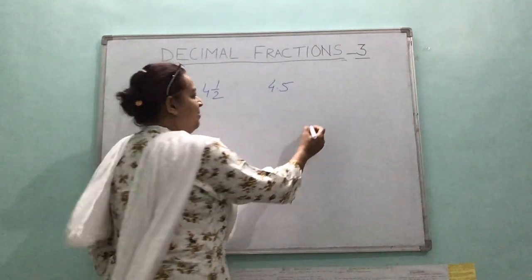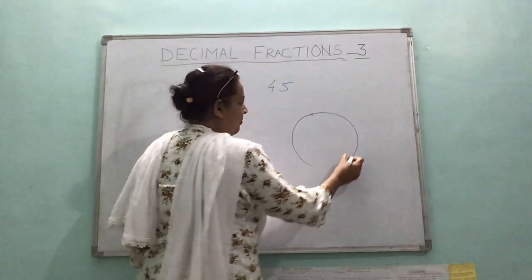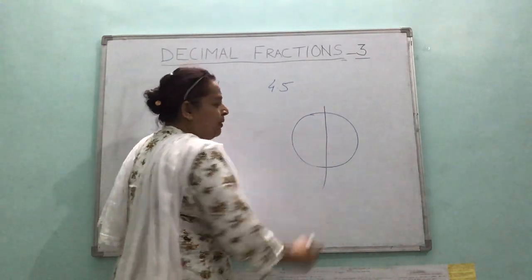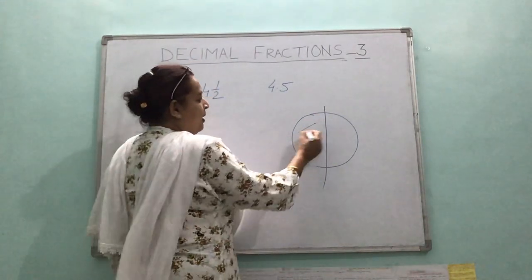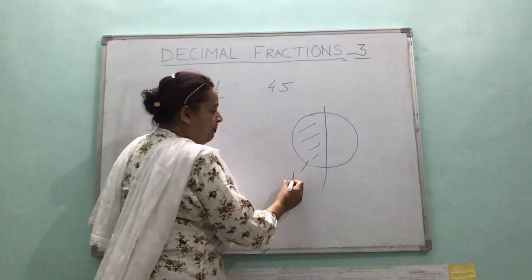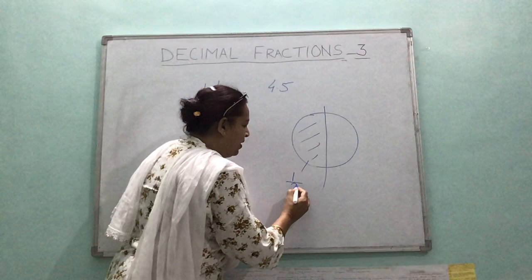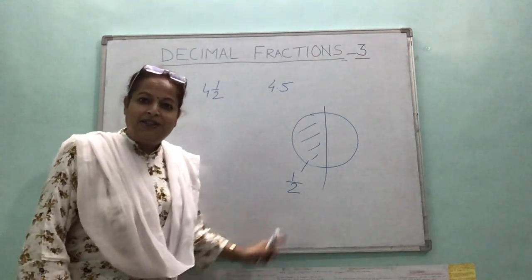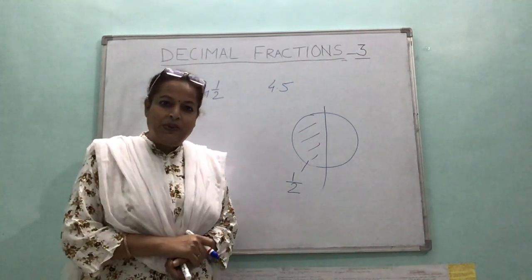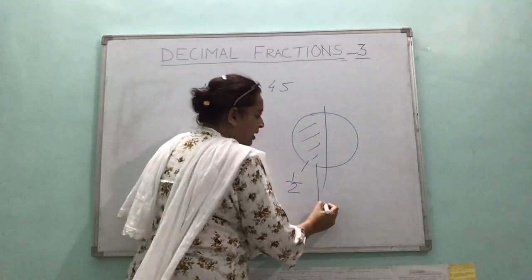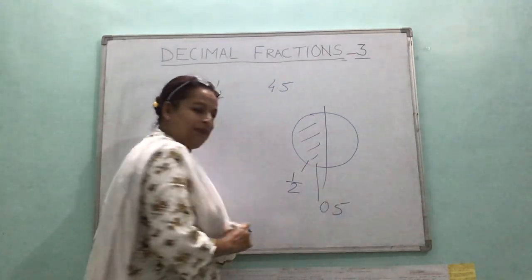Let's take one more example. There is a cake here, and you divide it into two equal parts. So this part is one part out of two equal parts. How do we write this as a fraction? 1/2. And we also write the same thing in decimal as 0.5.